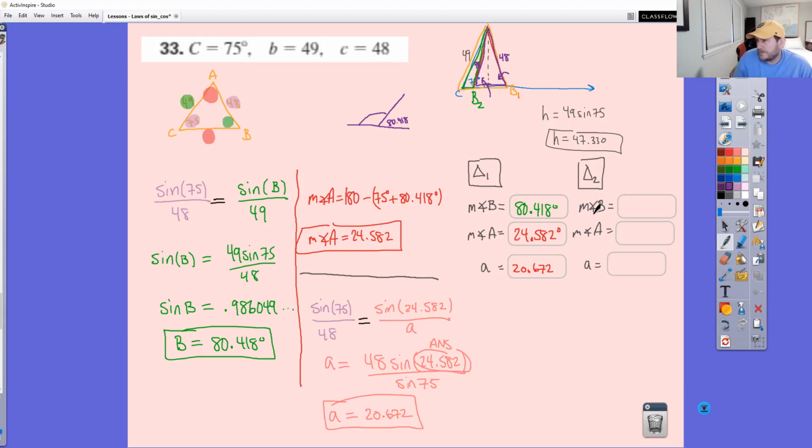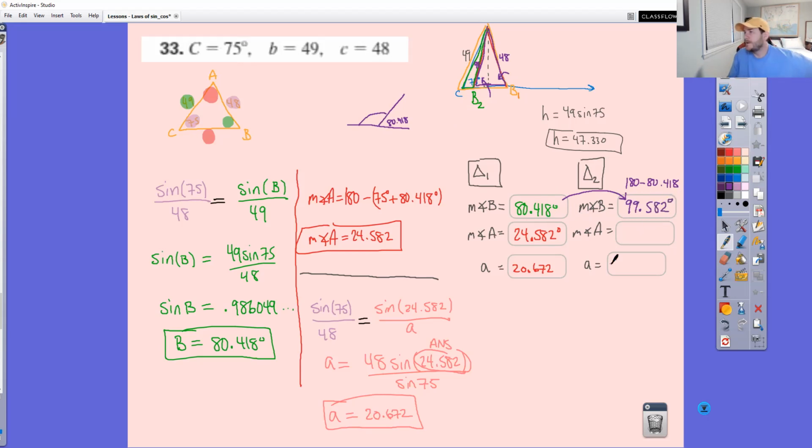So we get our next answer by remembering that our angle B, and it won't always be called angle B, you'll have to look at your drawing to make sure you're looking at the right named angle. But we'll just do 180 minus the 80.418, which I guess is going to be 99.582.